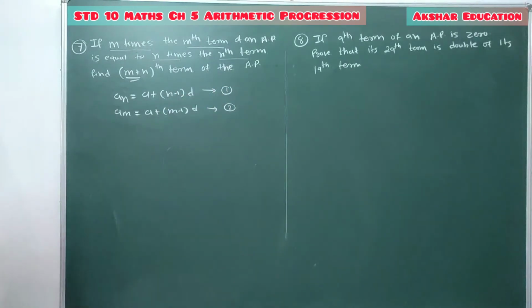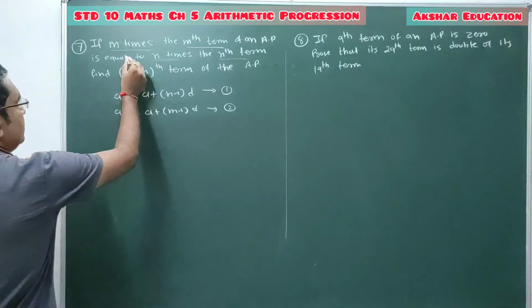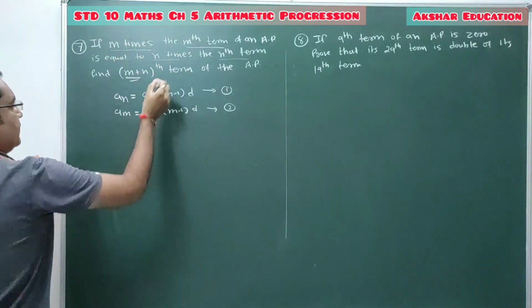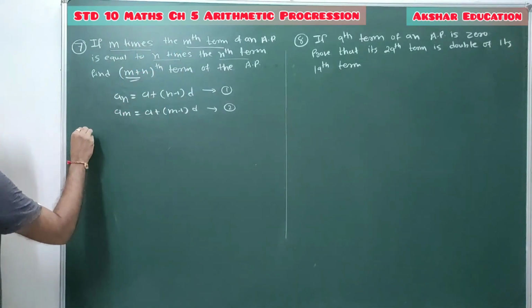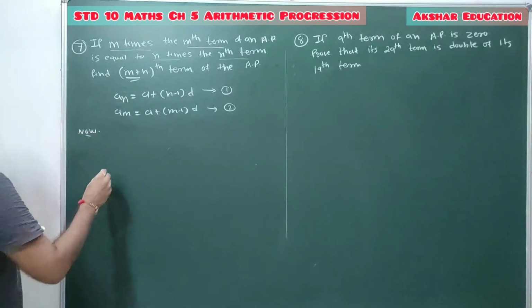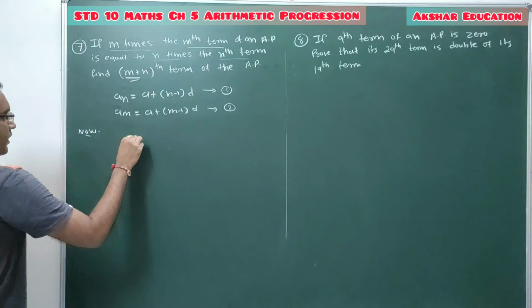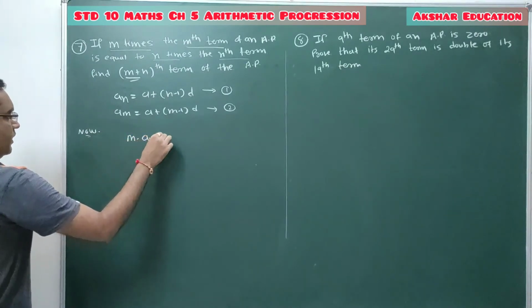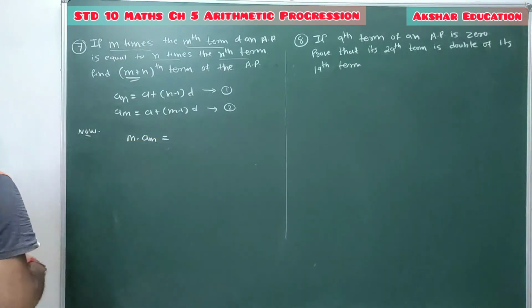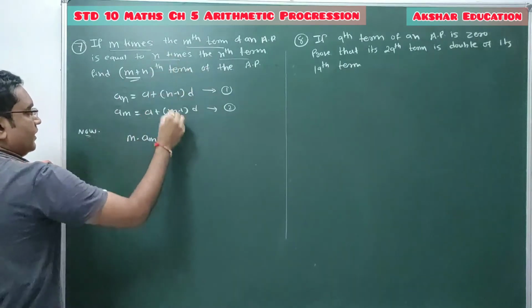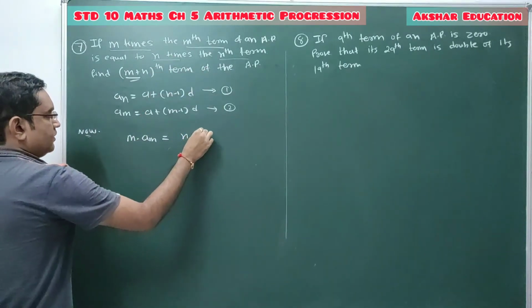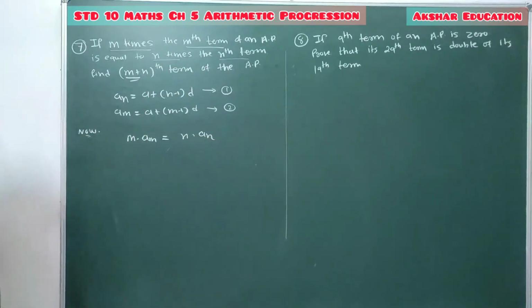Result 2. Now read again. We are given that m times the mth term. So what is our condition? According to the condition, m multiplied by the mth term, so n times the nth term is equal to n multiplied by the nth term. This is given.